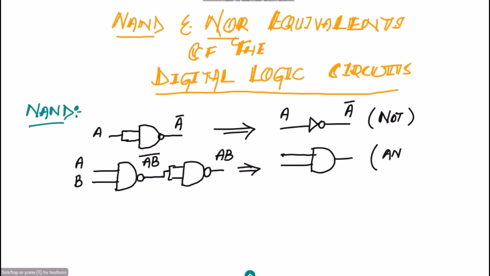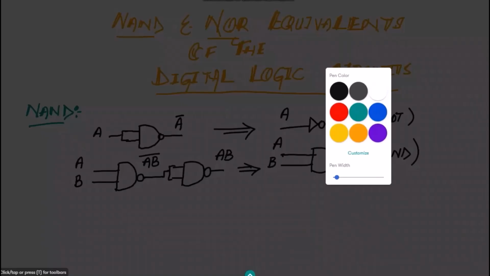So at the input I have applied AB complement, and at the output I have got AB.